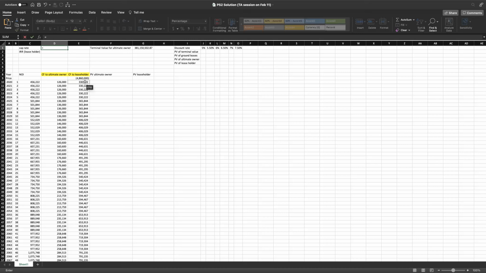So it should be 330,000 divided by the sale price. And because the sale price is negative, let's put a negative sign in front of everything. So it should be 6.8%.